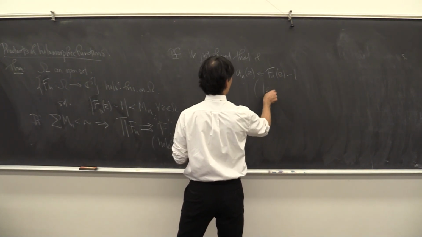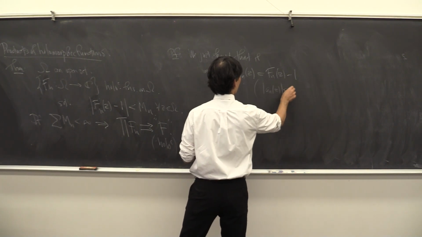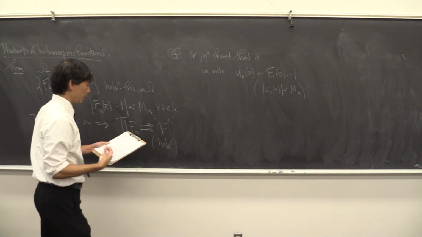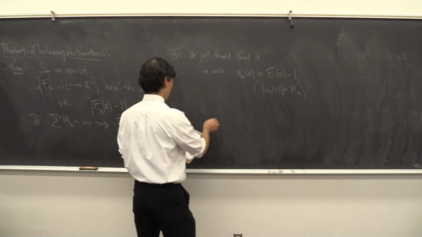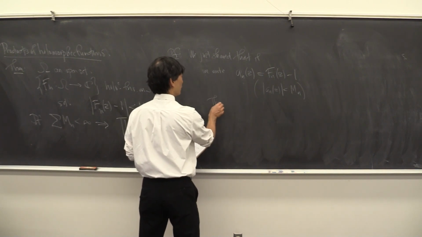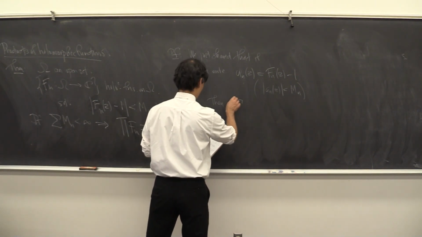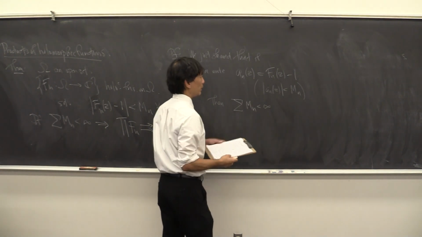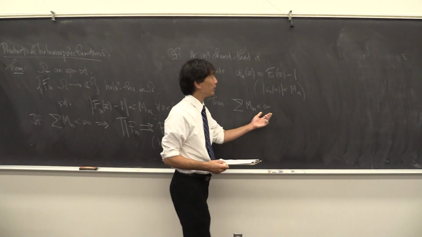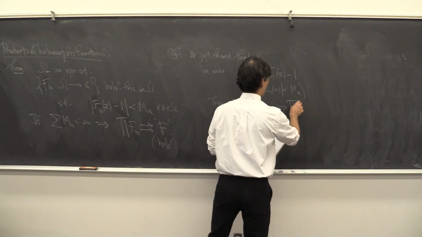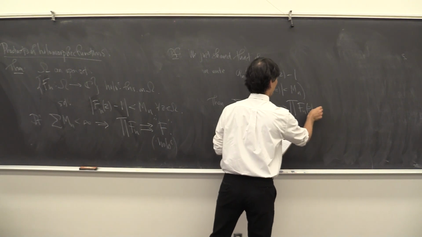So that these are bounded by the bounds that we're given. Then, as long as the sums of the absolute values are smaller than infinity, this thing converges.